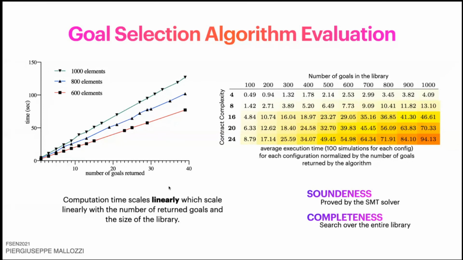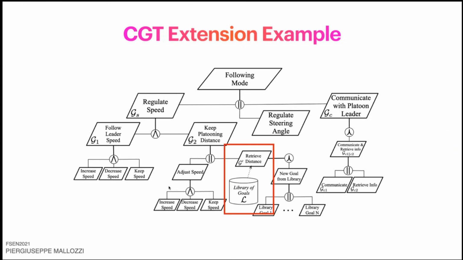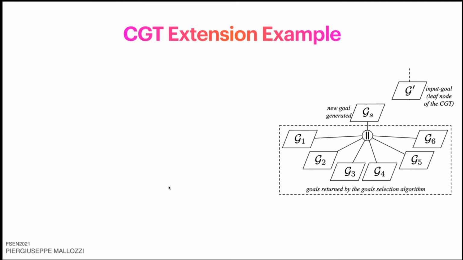In our example, we want to refine this retrieve distance goal from a library. So we have a library of goals, and the algorithm will search the space of goals and generate a new goal, which is the result of the composition of all these goals.